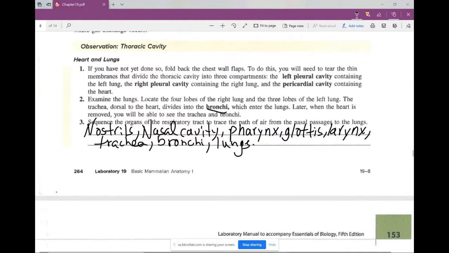So there's quite a few. Nostrils, nasal cavity, pharynx, glottis, larynx, trachea, bronchi, lungs.